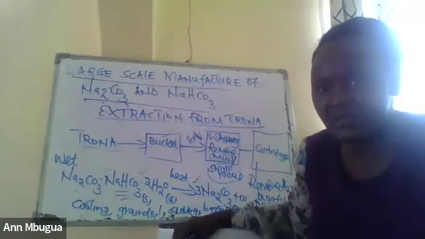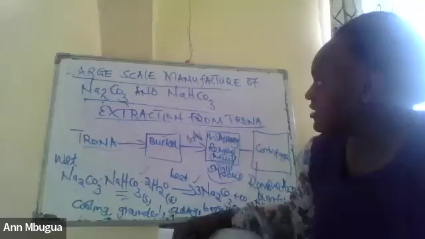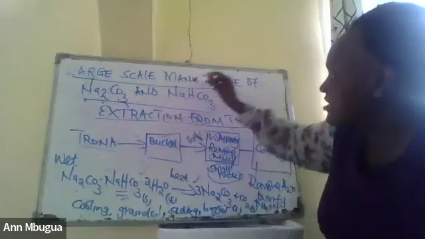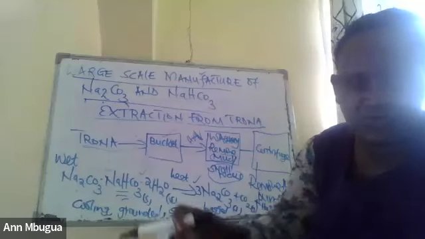That is the first method of manufacturing sodium carbonate on large scale, extraction from trona.